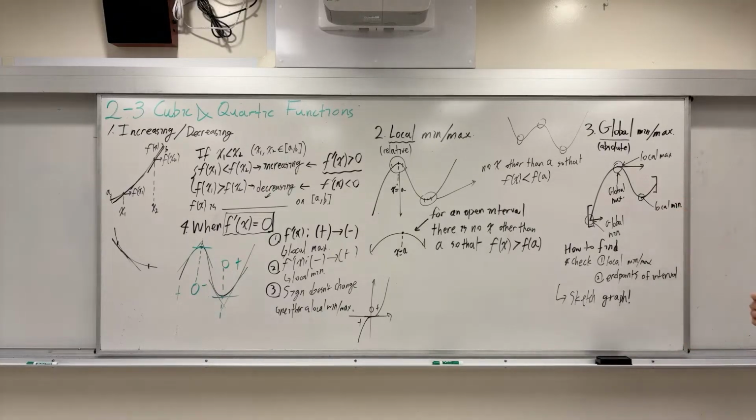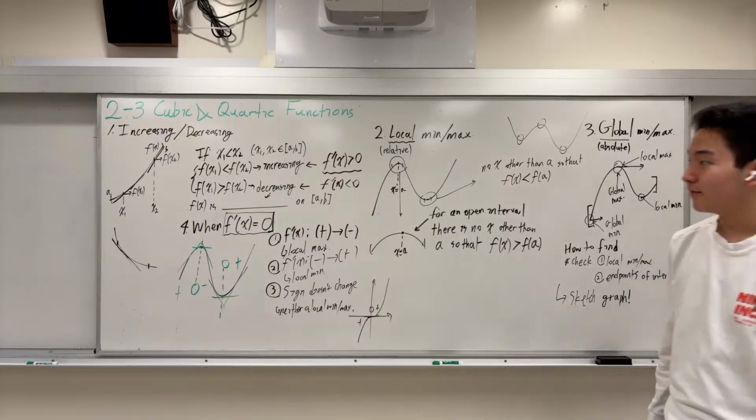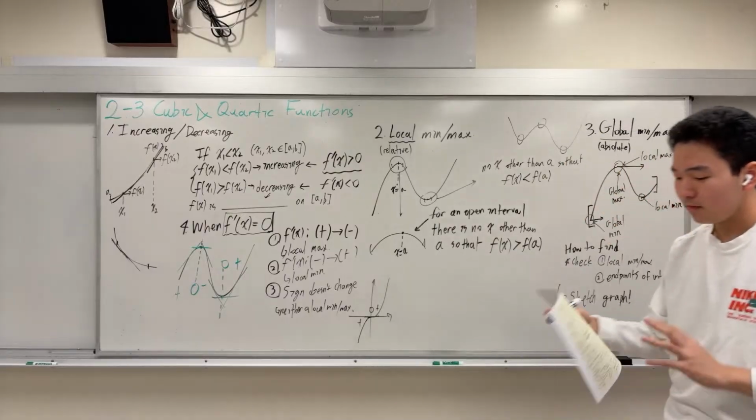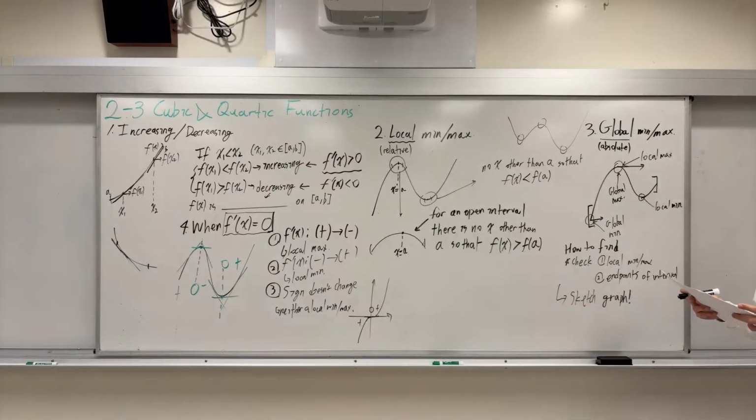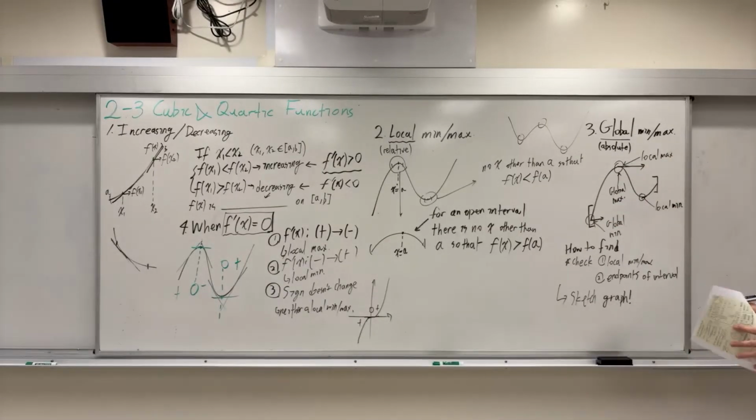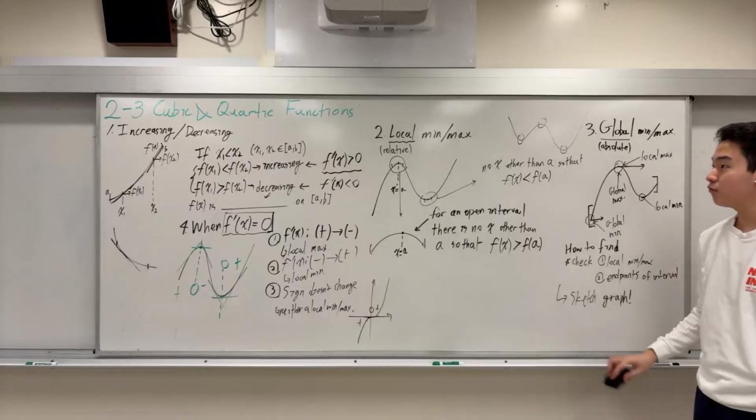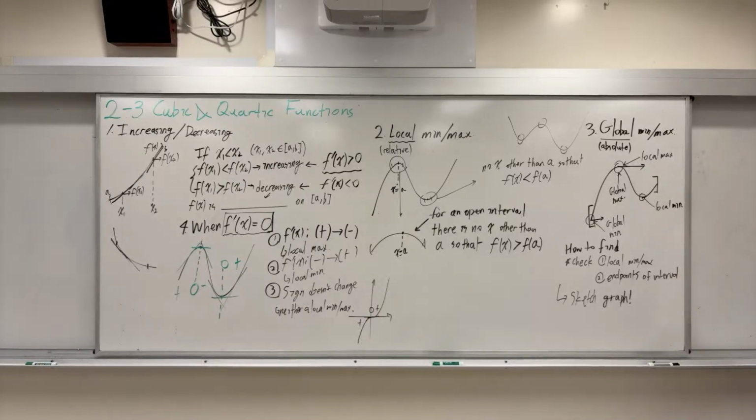So these tools right here that are up on the board right now are going to be the very core of what we're going to be doing to analyze these functions, okay? Okay, so now I'm going to erase this and we'll move on to the cubic function.